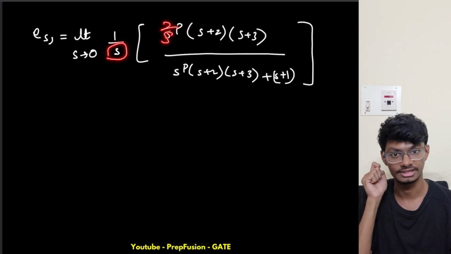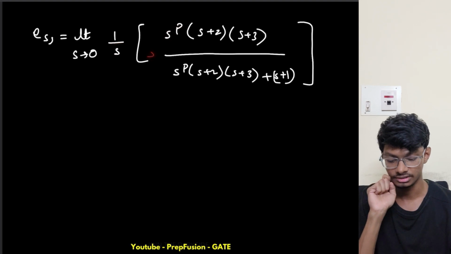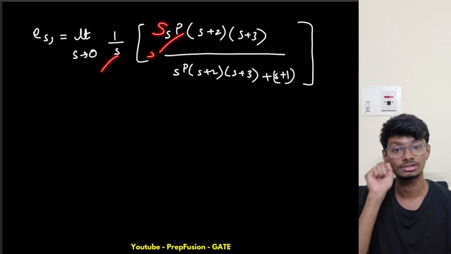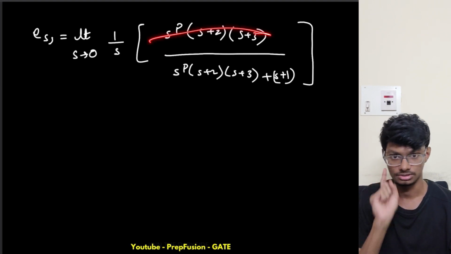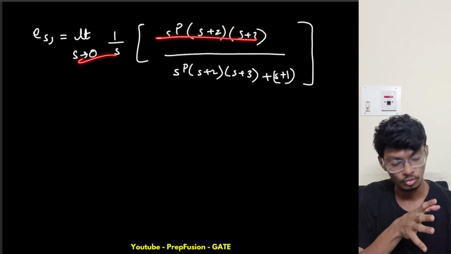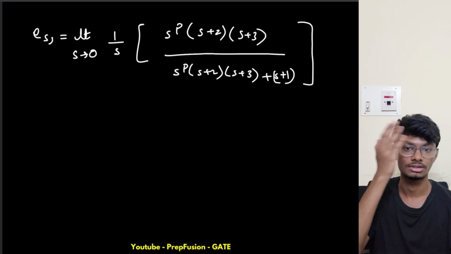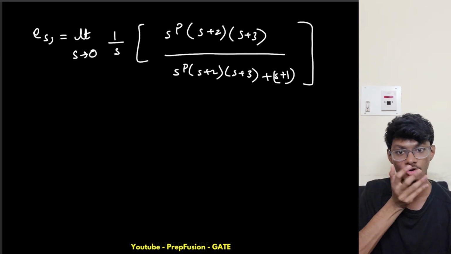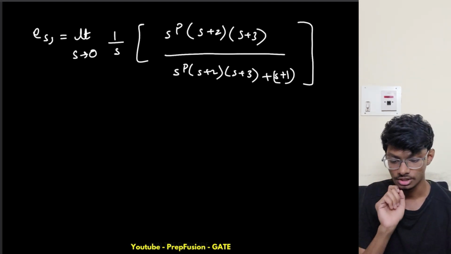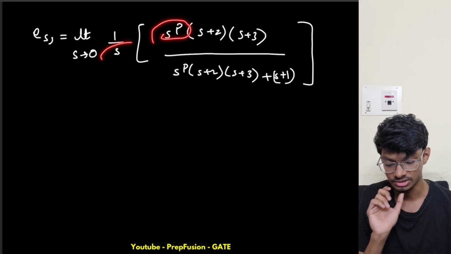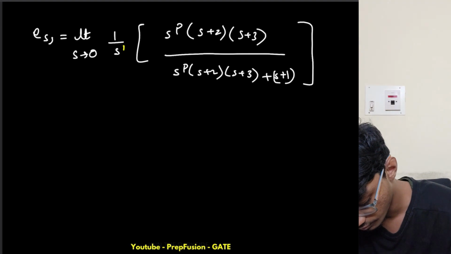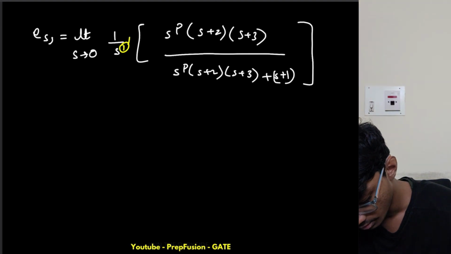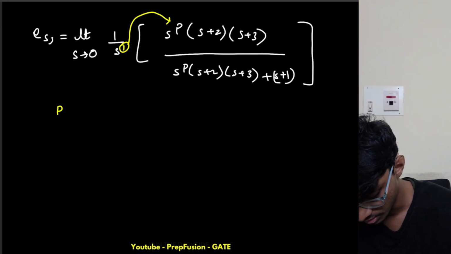If there is, let's say, s square, then this one s will get cancelled, but one s will still remain. If I put s equal to 0, the whole numerator will go to 0 and my error will go to 0, which obviously isn't the case, because it is 6. So I need the power of s to be the same as this one. This power is 1, so hence this power is 1. So p equals 1.